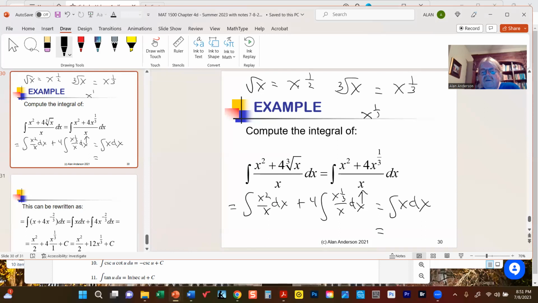X to the 1/3 over x. Now remember, x has an implicit exponent of 1. You don't normally see it, but it is there. You've got x to the 1/3 minus 1, x to the minus 2/3. That means the second integral is 4 integral x to the minus 2/3 dx.